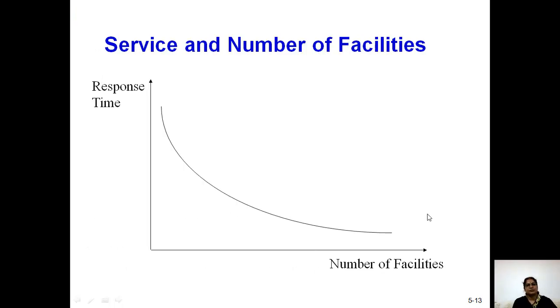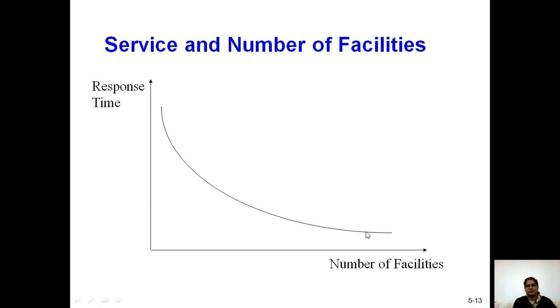This slide shows the relation between response time and number of facilities. Response time is taken along the y-axis, number of facilities is taken along the x-axis. We can see that as the number of facilities increases, the response time decreases. For example, if we consider a point here, corresponding to this, the number of facilities is very less, whereas response time along the y-axis is more.